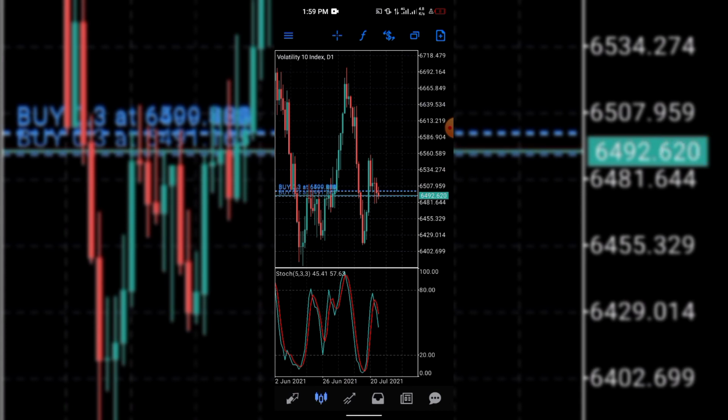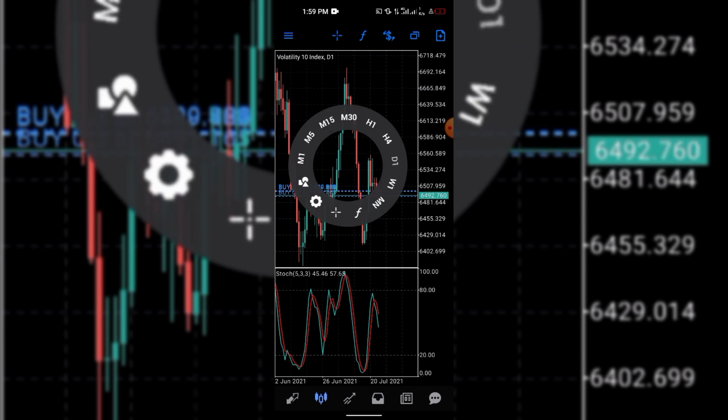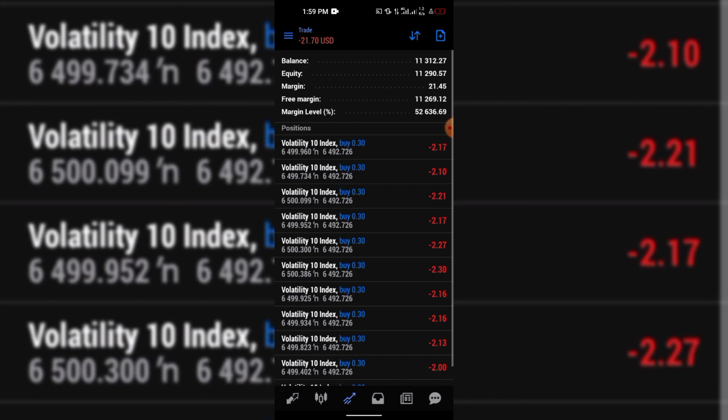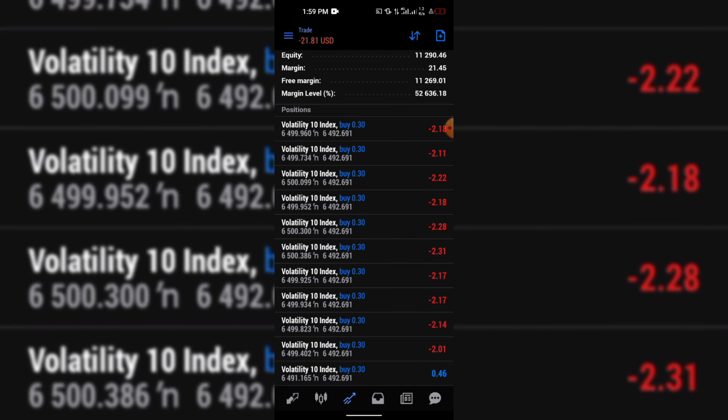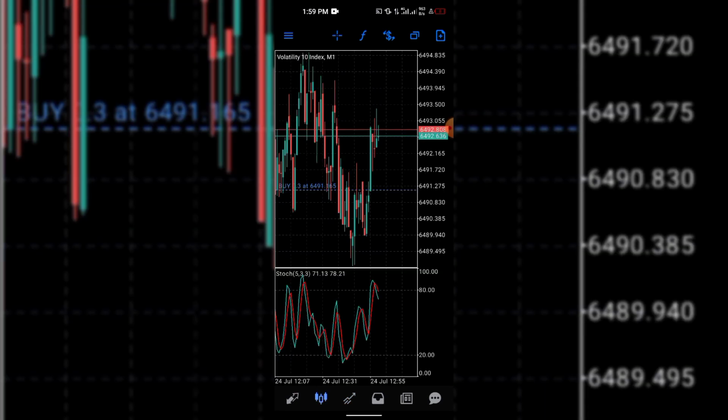But technically, based on my little experience, I know which direction it's going to go. I can speculate which direction it's going to go, which is in the buy. If you're a professional trader out there, you will even notice that. So this is typically how to work around your trade, and then you make a whooping amount of profit.